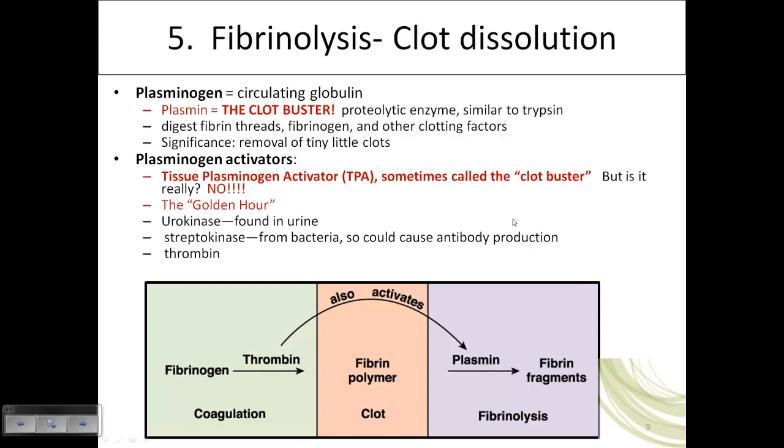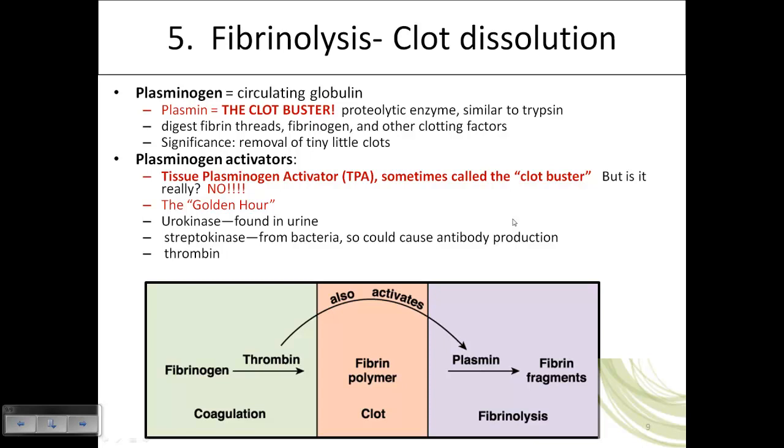But we can't use this too often because it is from bacteria, and with frequent exposure is going to provoke an immune response from a person's body because it will have a bacterial antigen type tag to it. And finally, you should be seeing here at the bottom of the screen that thrombin, active factor 2, which leads to the fibrin clot itself, also activates plasminogen into plasmin.